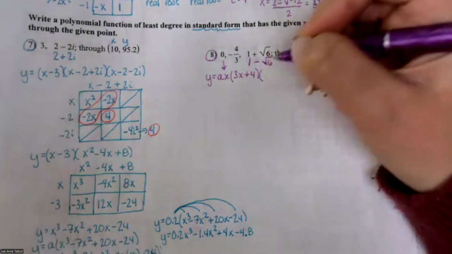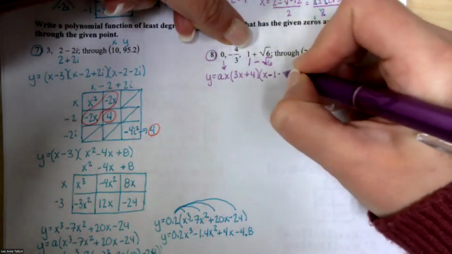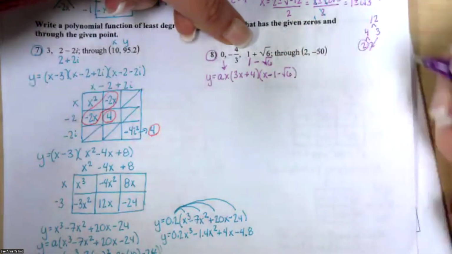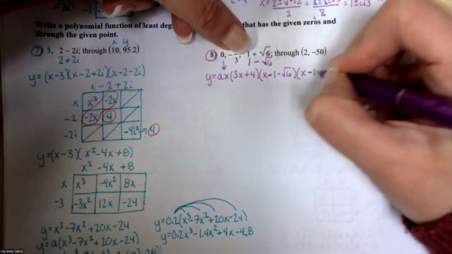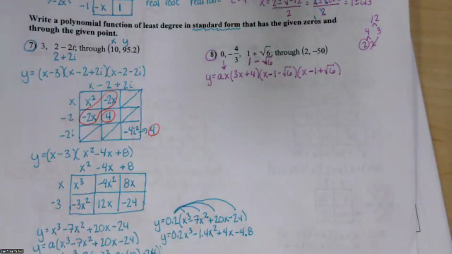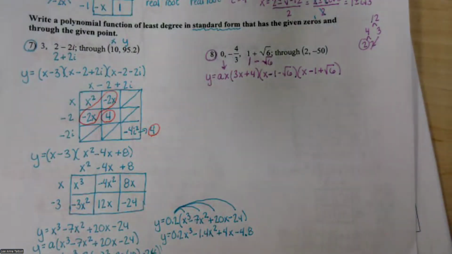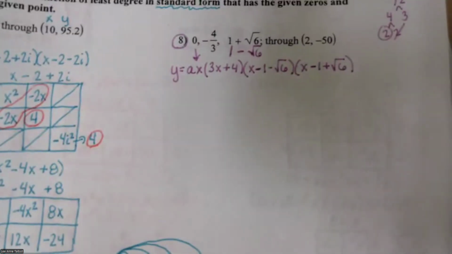Okay, now the top one here, x minus 1 minus root 6. And the bottom one is x minus 1 plus root 6. Any questions about my setup?